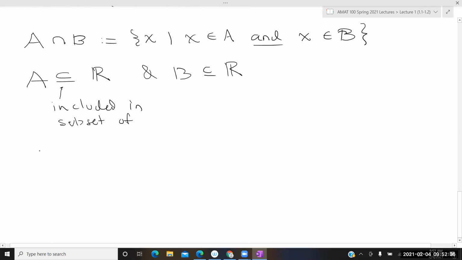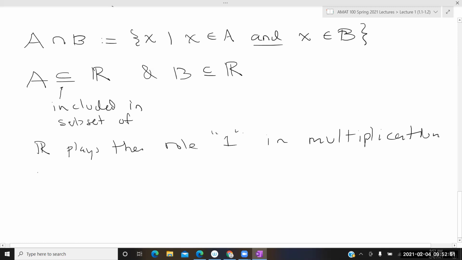And if that's the case, then R plays the role of the number 1 in multiplication. Why?